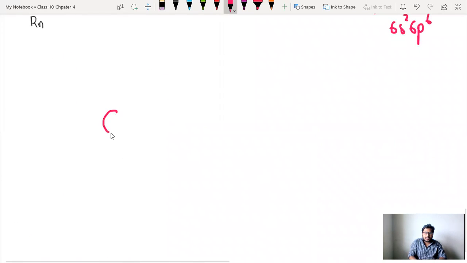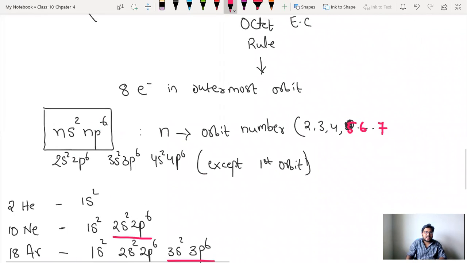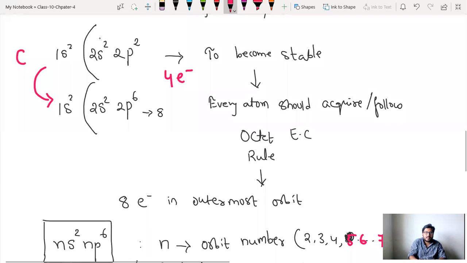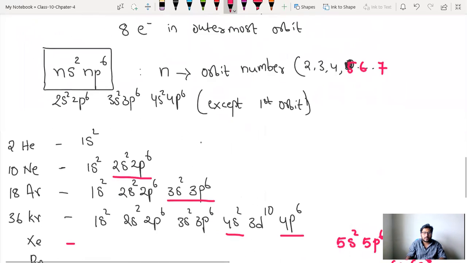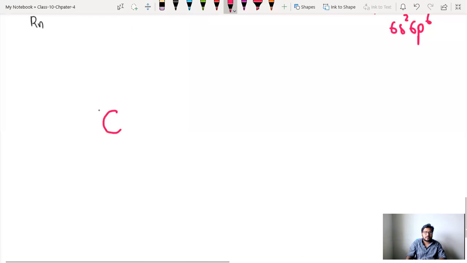Carbon, if you draw valency electrons, how many valence electrons do we have? Here if you observe, 2 and 2. 2 plus 2 is 4. So we have to represent 4 valency electrons: here one valency electron, here one, here one, here one. 4 valence electrons.